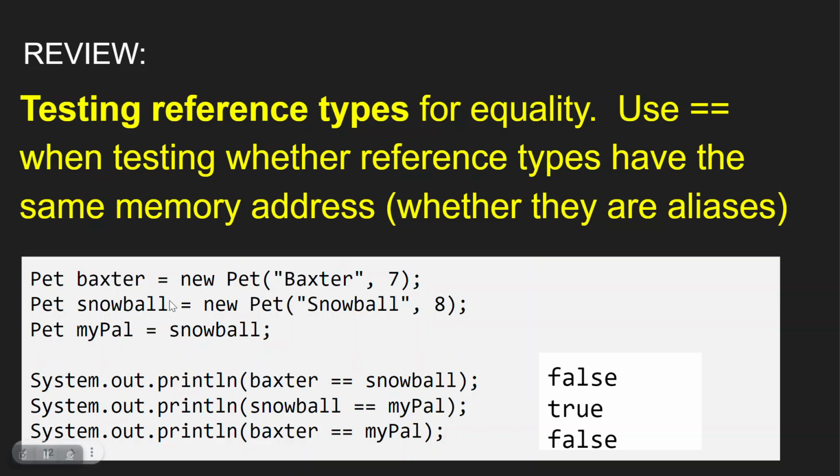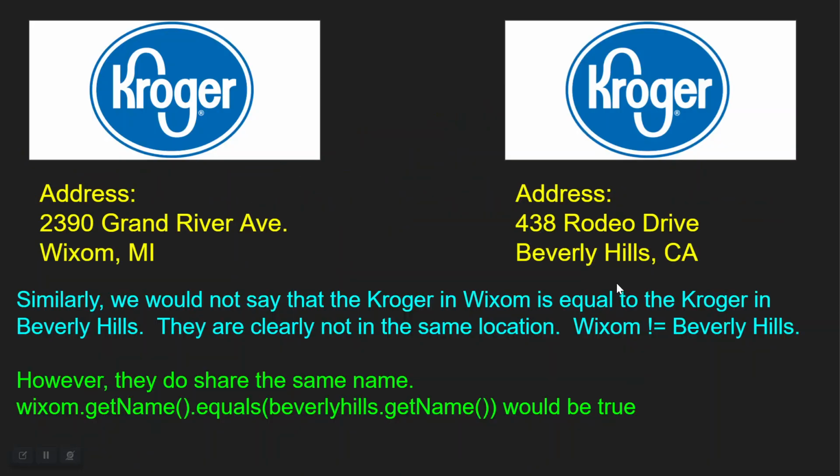Now, snowball and my pal are aliases of one another, so when we print snowball equals equals my pal, we get true. However, Baxter is not an alias of my pal, so when we print that one, we get false. And again, the only reason why we're getting true right here is because snowball and my pal are aliases, as indicated by this line of code right here.